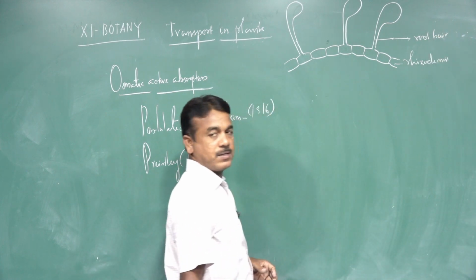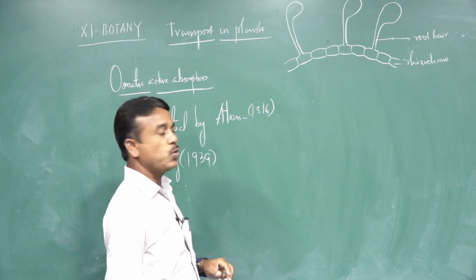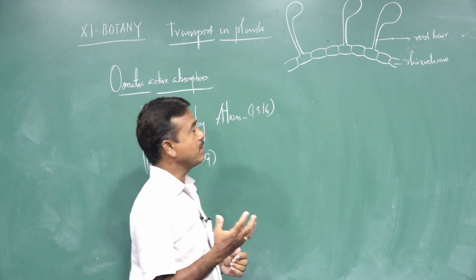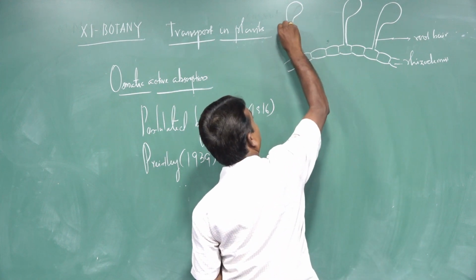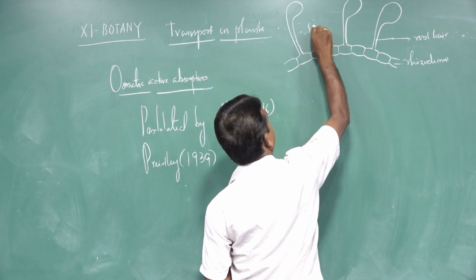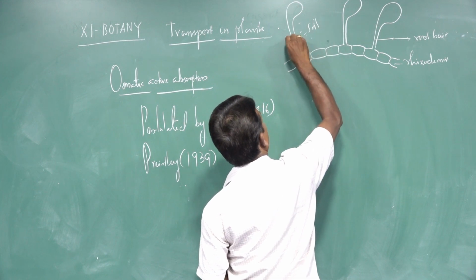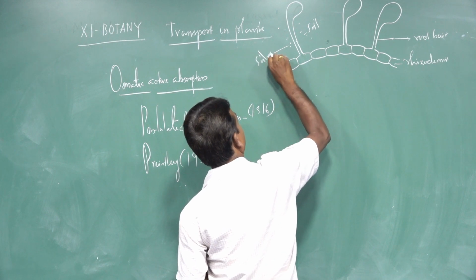So now come to the point. In osmotic active absorption, these are the first steps of absorption of water. This is the soil, containing water. This is commonly called soil water.